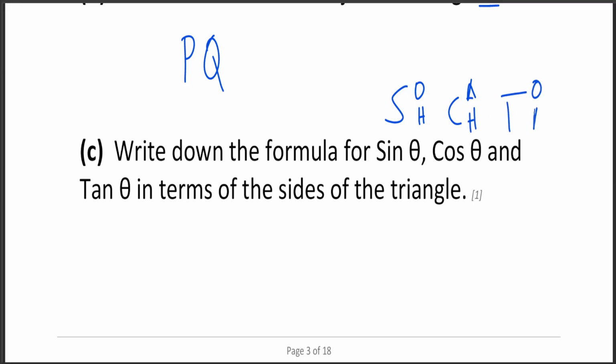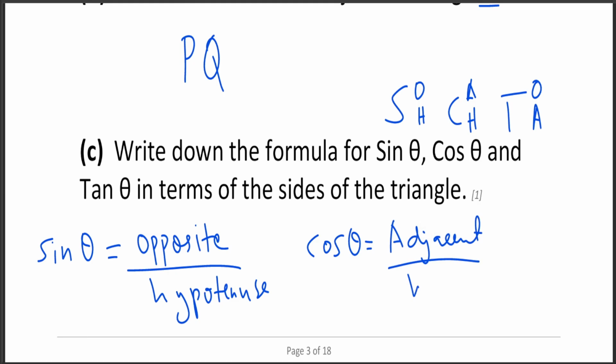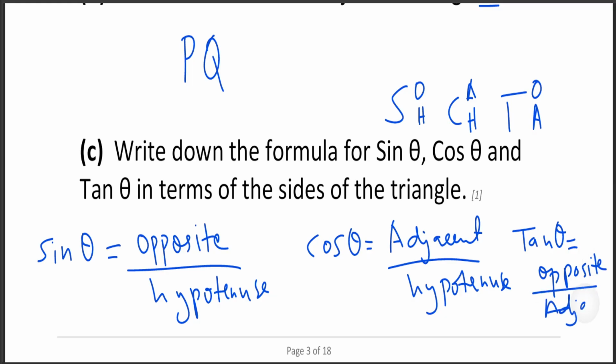So okay. Now if you take sin theta is equal to your... if you take cosine, which is adjacent... look into the questions.